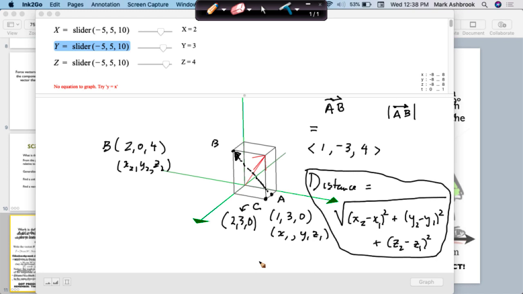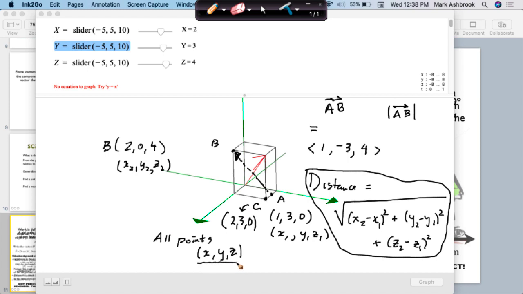And so when I want to model all points, how do I represent that? Algebraically, mathematically, I want to represent, say, all points. What do I need? I can use variables, right? So all points I could call x, y, and z.